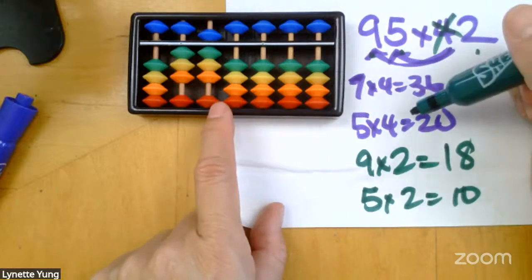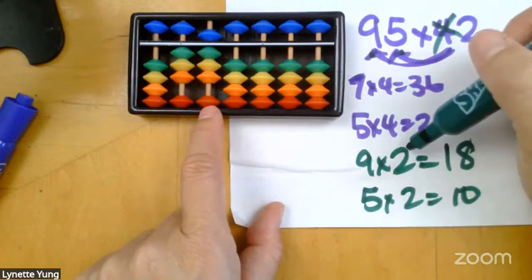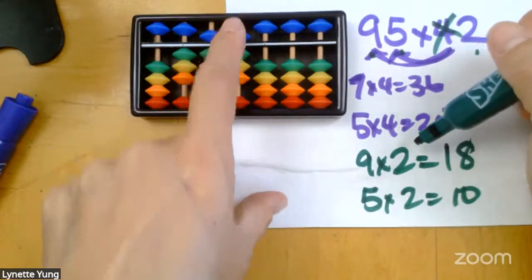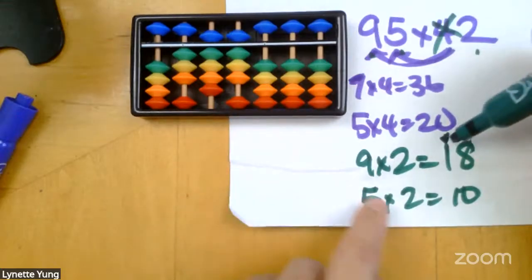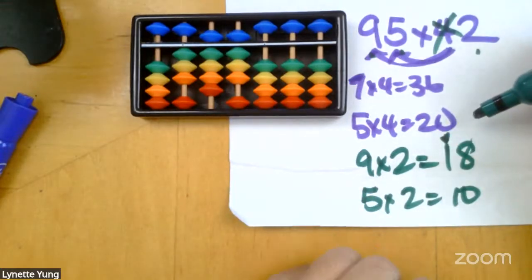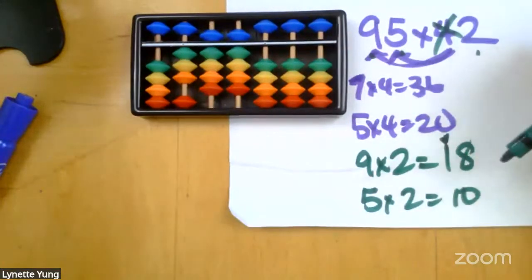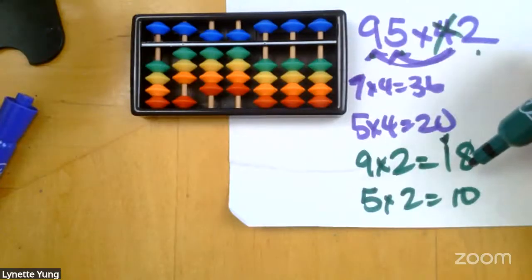Reassess. 9 times 2 is equal to 18 plus 1 plus 8. Did you add the 1 here from the 18? I probably didn't. And then plus 10. Duh, I messed up. I do that all the time.